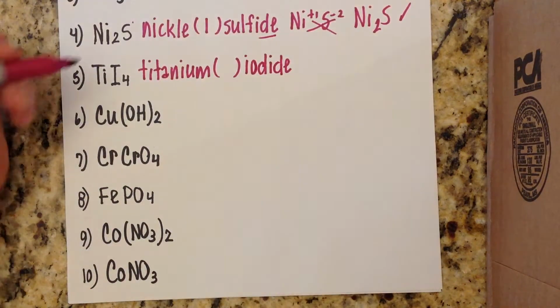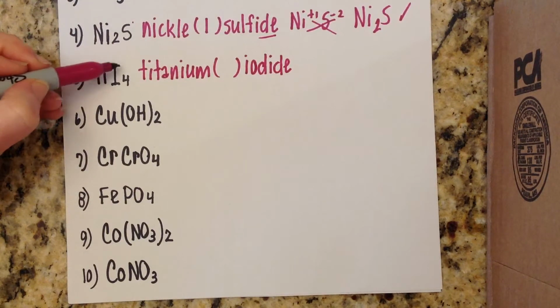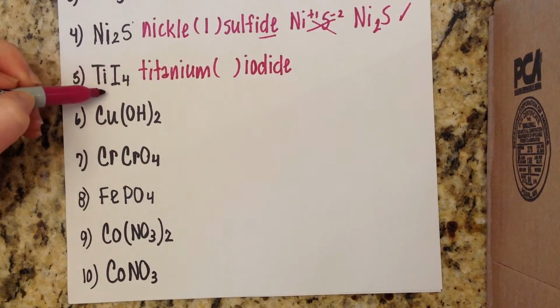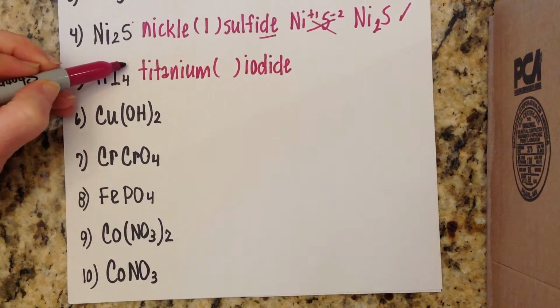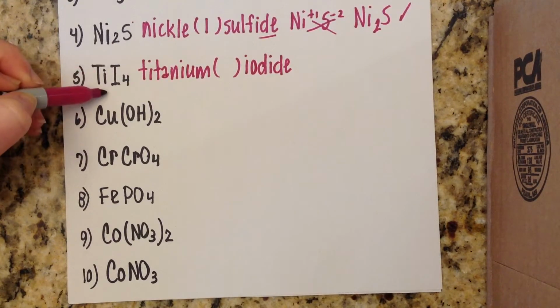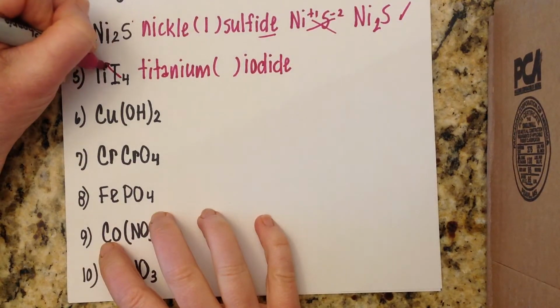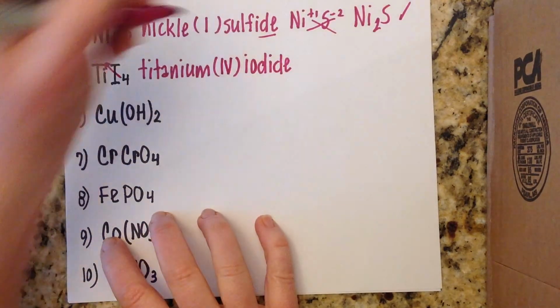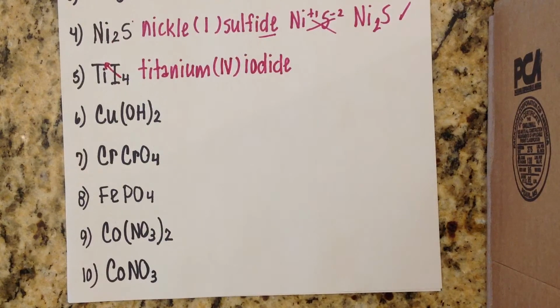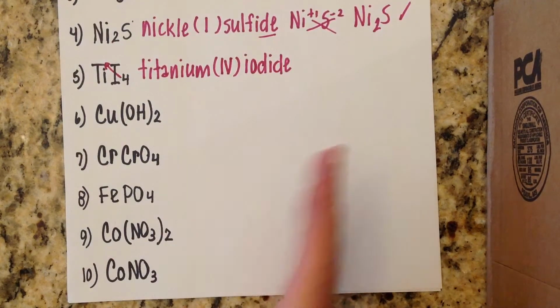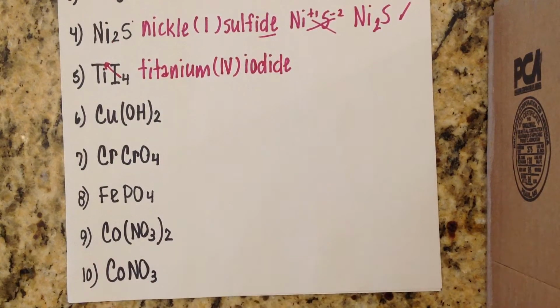All right, I know that iodine has a -1 charge. So it came down here, and that's a 1. This matches to this, -1 and the 1 came down. That means that 4 had to have come from up here. So that is titanium 4 iodide. And again, you could write it and check it. I'm not going to do it on this one. I may do it on some of these coming up though.